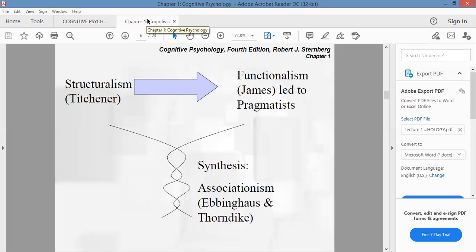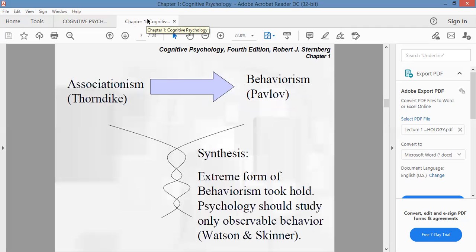So just to mention in brief, some of the schools of thought, or what we call models of thinking or theoretical thinking in cognitive psychology, are structuralism, and then functionalism. And then the synthesis, where comes what they call associationism. And then comes behaviorism.